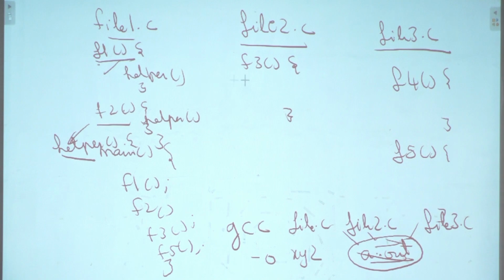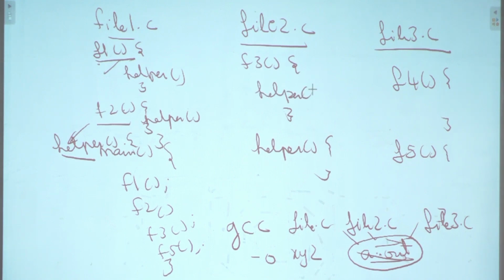Now, similarly, there is an F3 also, and because these people came from the same college, they borrowed some of the programming habits, that whenever a function needs some support, they also wrote a helper. So this helper was written for this F3 and it used the helper.